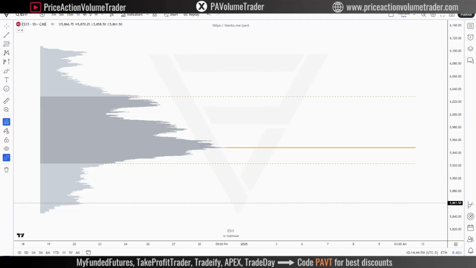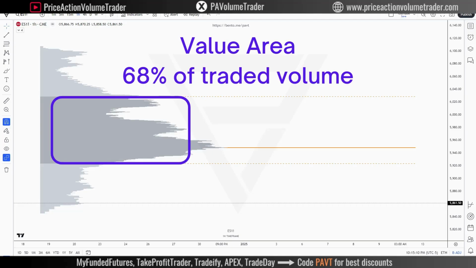First thing we're going to have is the volume profile extremes, meaning the top and the bottom. This is basically going to show us the entire range of price that we are measuring from the lowest swing low to the highest swing high. Okay. After that, we're going to have what we call the value area, which in this case is the darker gray shaded area.